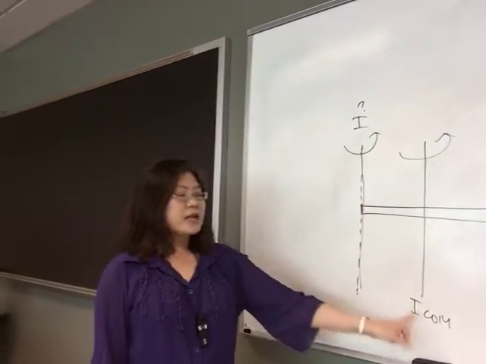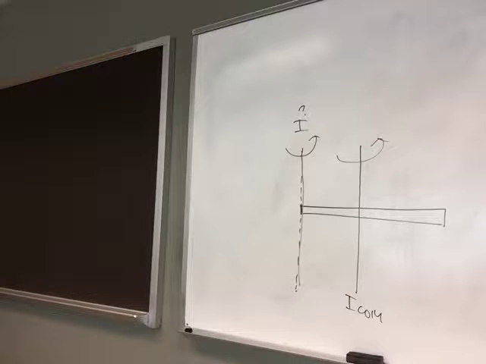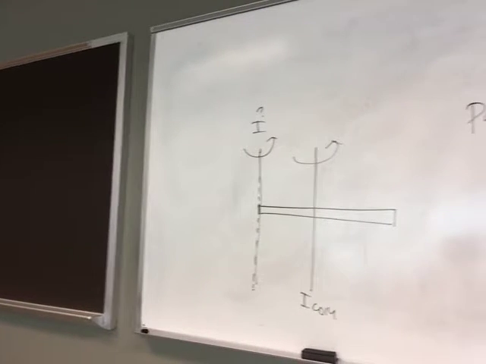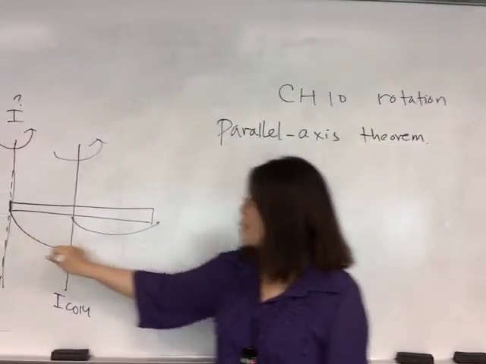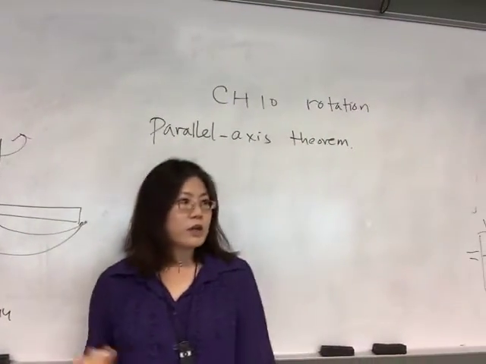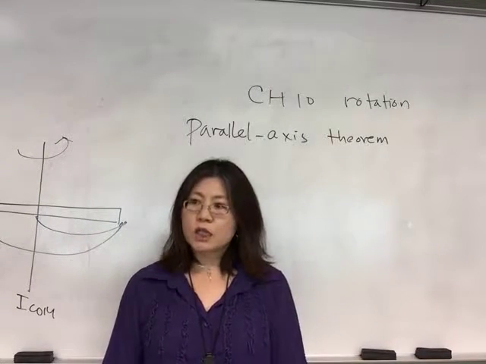That would not be the same as that one, because if you remember, your I depends on the radius. In this case, this is your radius, but in this case, this is your radius. The radius changes, which means the rotational inertia will be different.